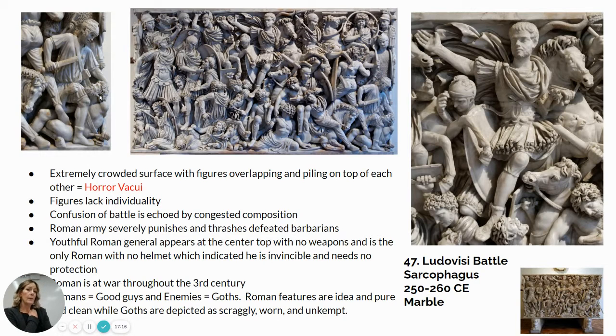What's so great about this composition of horror vacui is it really echoes the entire concept of battle. When you think about charging into battle and the two opposing forces coming together for the first time, it is extreme chaos.